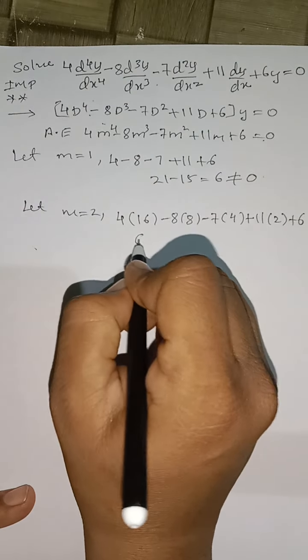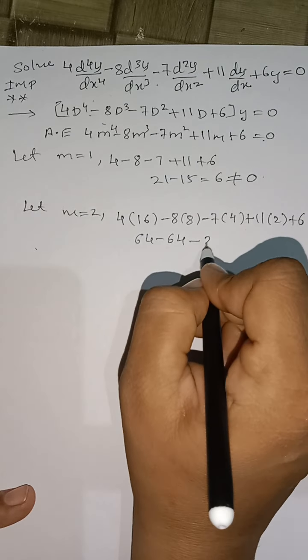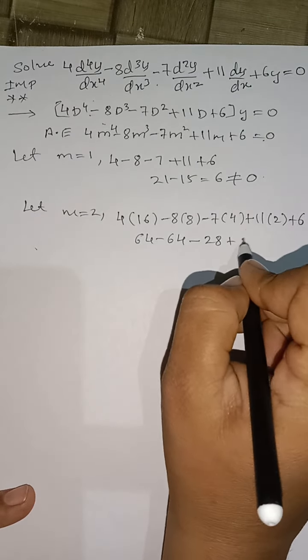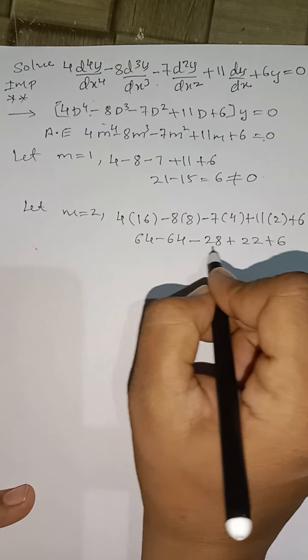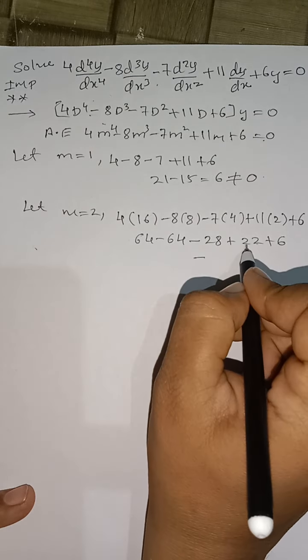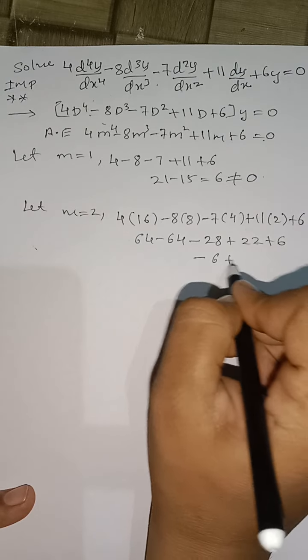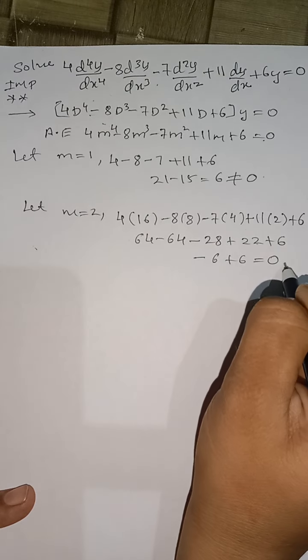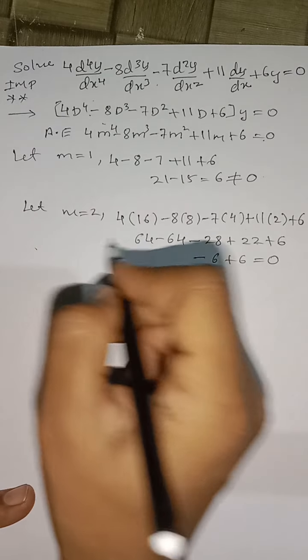So this is 64, this is also 64, minus 28 plus 22 plus 6. So the 64 cancels, then you are getting minus 28 plus 22, which is minus 6, plus 6, and you get the equation satisfied as 0. So we take m equals 2 as a root.